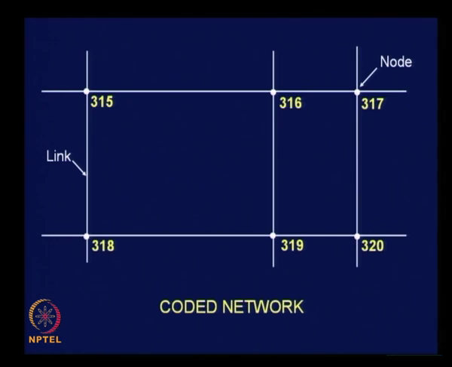And now we can represent any intersection using these numbers, and any stretch of road can be represented using a set of numbers. For example, 315, 316 refers to the stretch of road connecting the nodes 315 and 316. Clear? So that is the advantage of giving node numbers and then expressing nodes and links using these numbers.